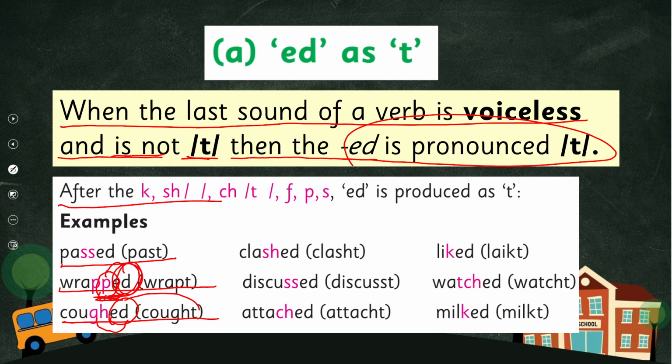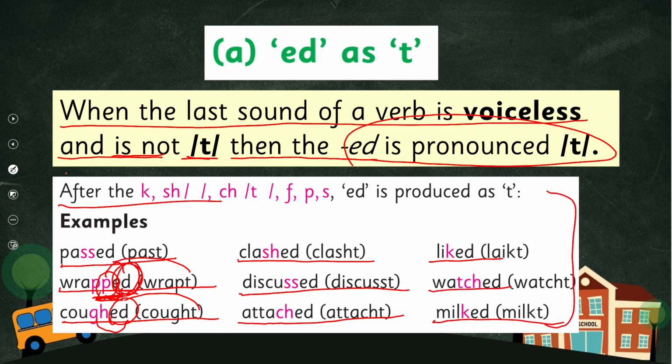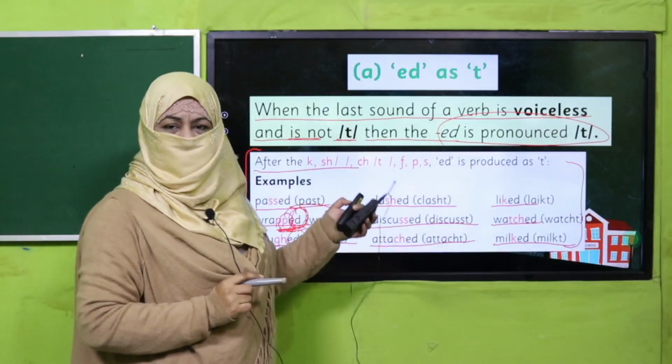So this P sound is making ED sound like T, right? Clashed, discussed, attached, liked, washed, milked, right? So better you can practice these sounds for the correct pronunciation.